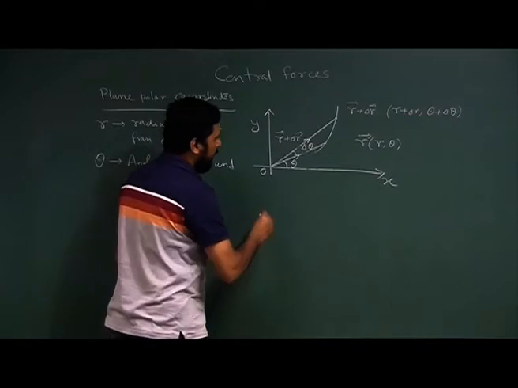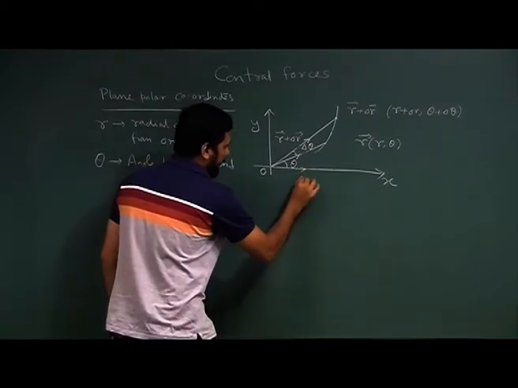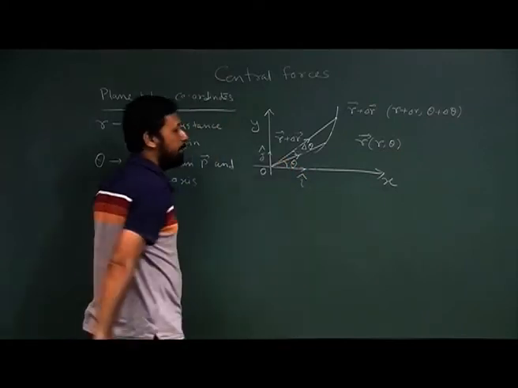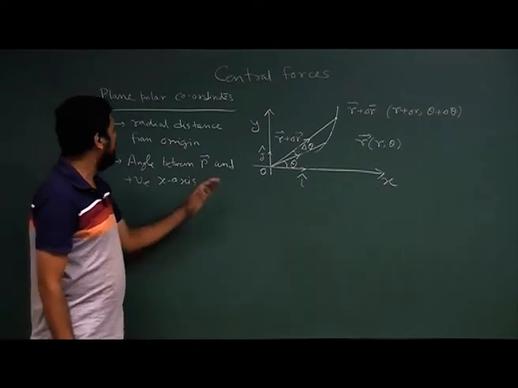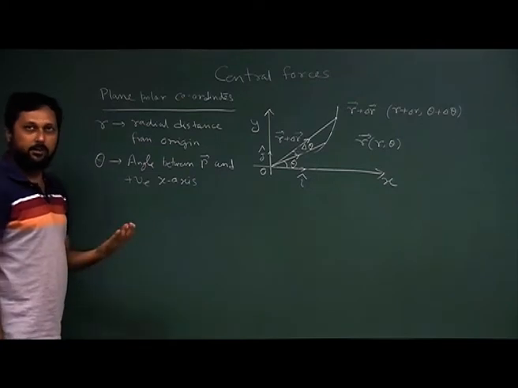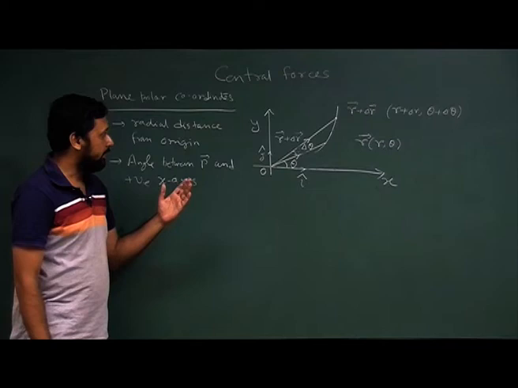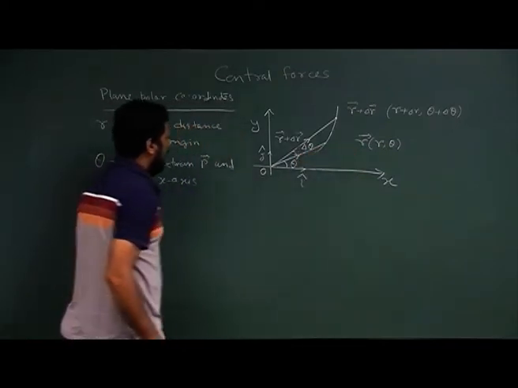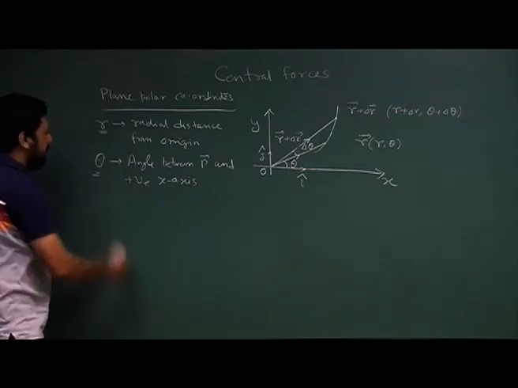Now, if you recall, in the Cartesian coordinate system we have the unit vectors i cap and j cap. In this case also, if we are moving into plane polar coordinates and we have to write vector equations, we need unit vectors, so we have to define two unit vectors, one for r and one for theta.